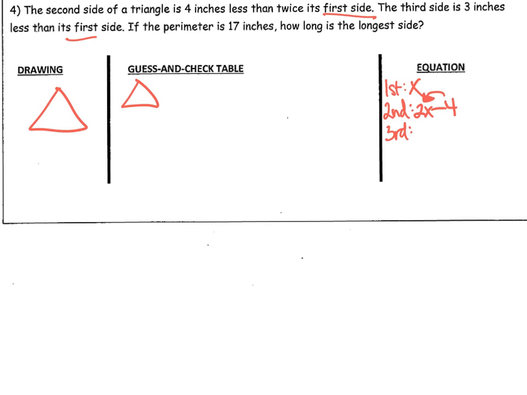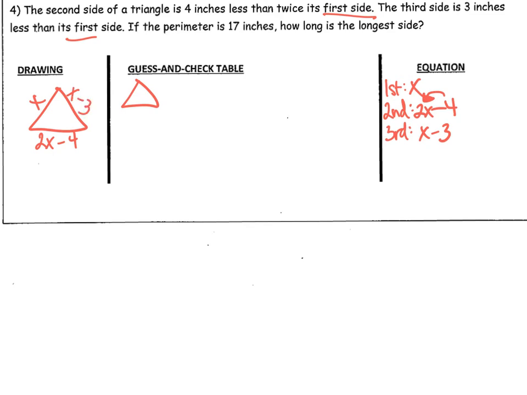The third side, okay now, 3 less than the first. So the first, take away 3. The first is x. Take away 3. Okay. Side plus side plus side. X plus 2x minus 4, and then x minus 3. Those are all my 3 sides.